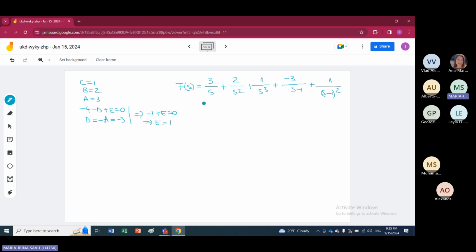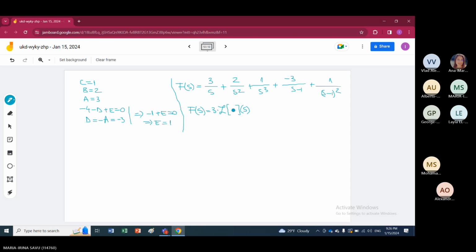So actually, f of s is equal to 3 times Laplace of 1 over s. Which function is it?